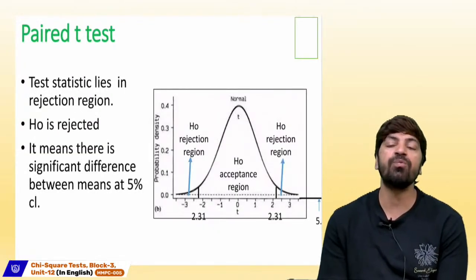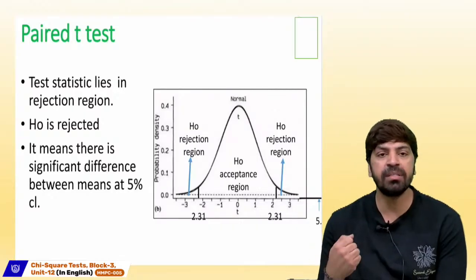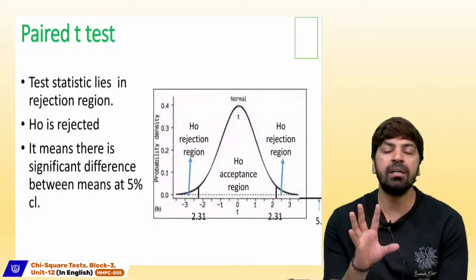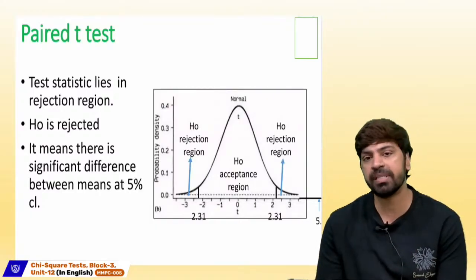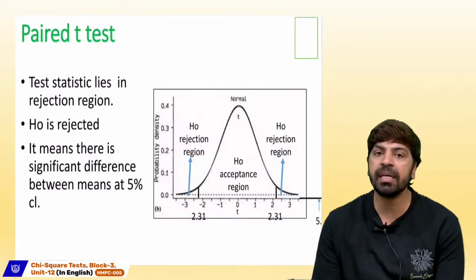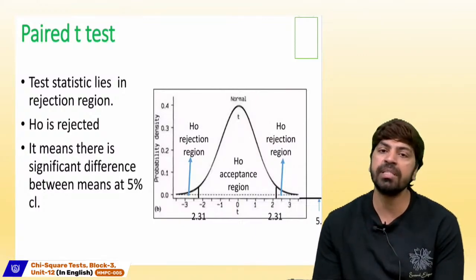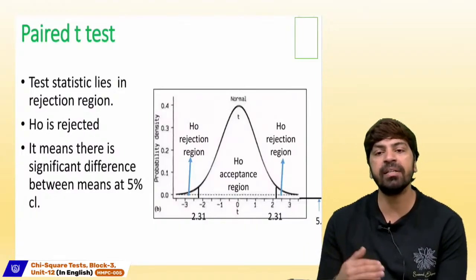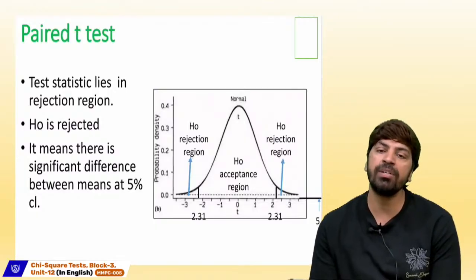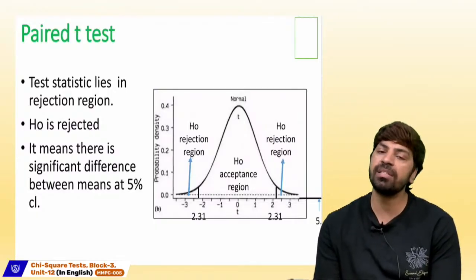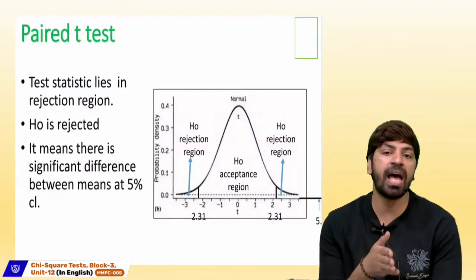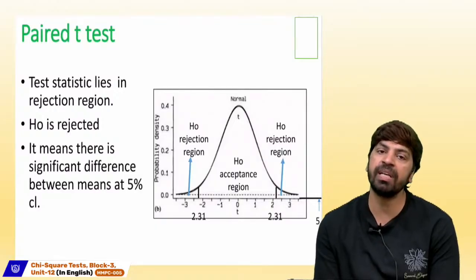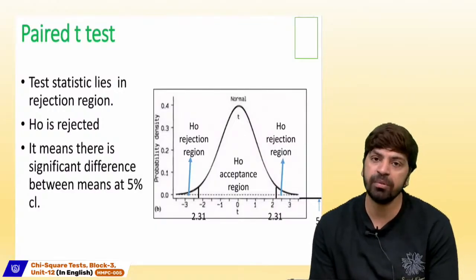The next step is whether we have to accept or reject the hypothesis. This is how we can show it through a diagrammatic representation. As you can see, we took a central value, that is 0, the right hand side is positive values, and the left hand side is negative values. If the value comes to minus 2.31 or below, we reject the null hypothesis.